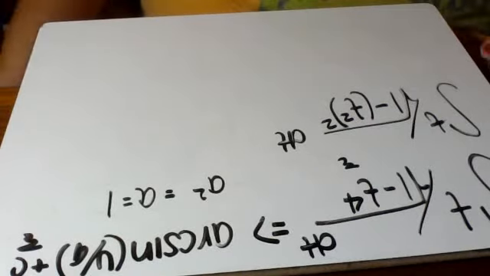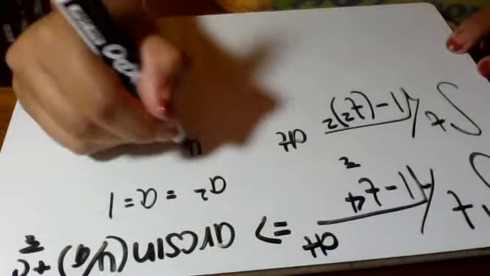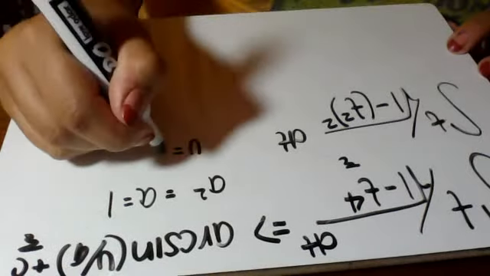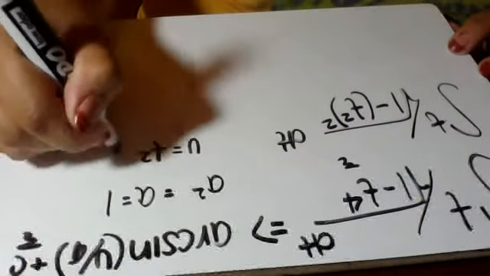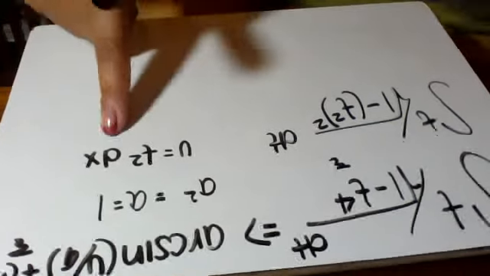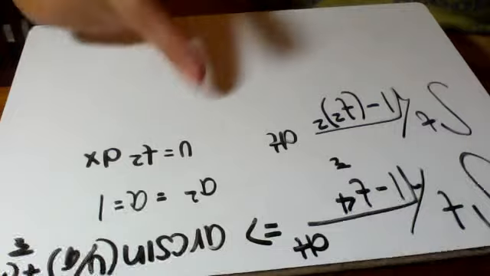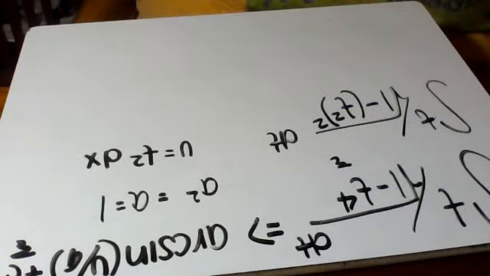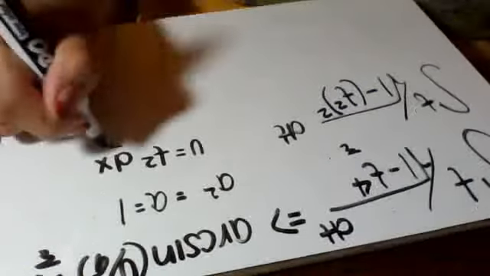When we do that, we could label our u as t squared. I know you're saying, well, you said not to do that. But the reason I'm doing this is that we can solve it even further, because we want dt by itself.